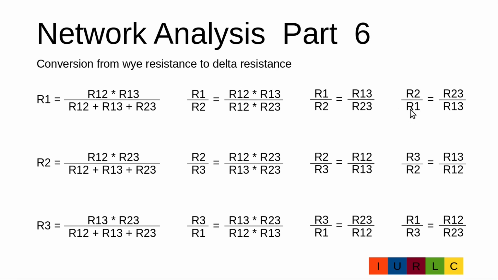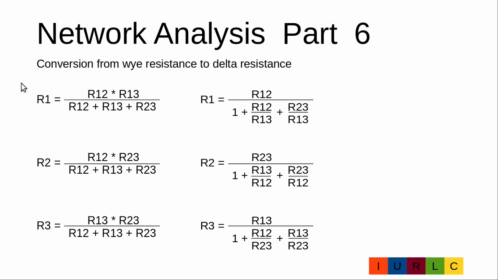R2 divided by R1 is R23 divided by R13, and the same can be done on the other two fractions.